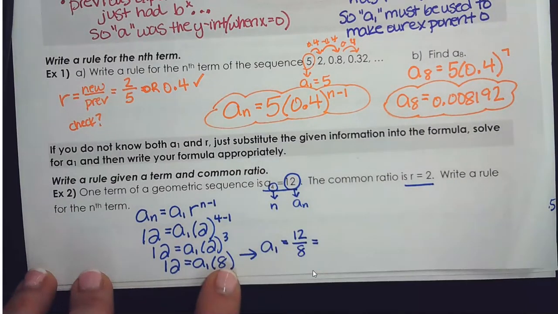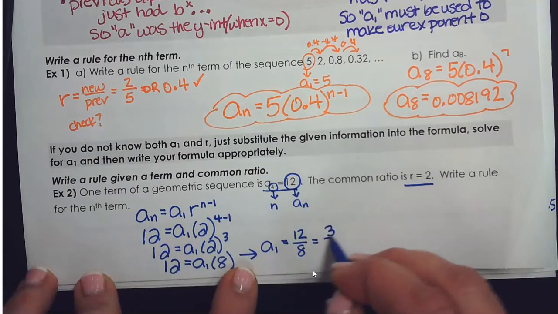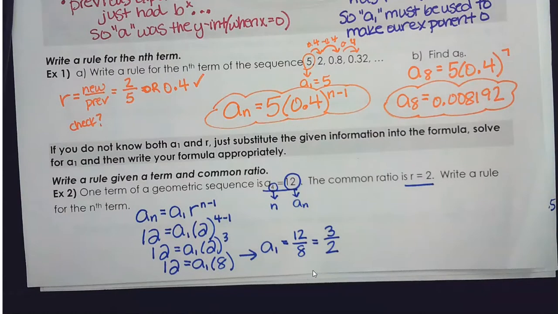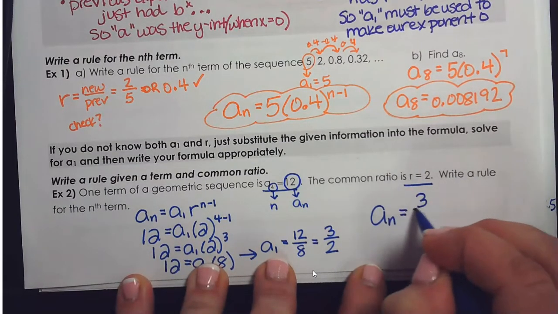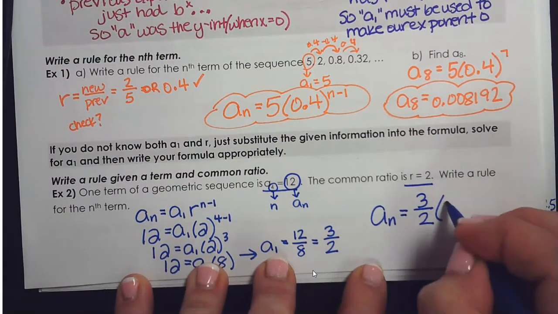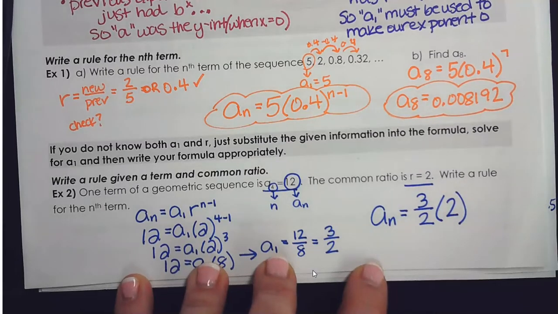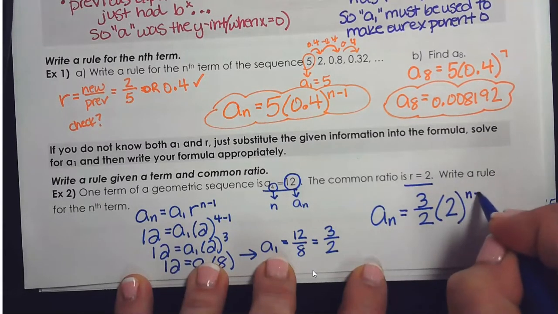I can reduce that to 3/2. And now I have what's necessary to write my rule. My A sub n equals A sub 1, which is 3/2, times r, which is 2, to the n minus 1.